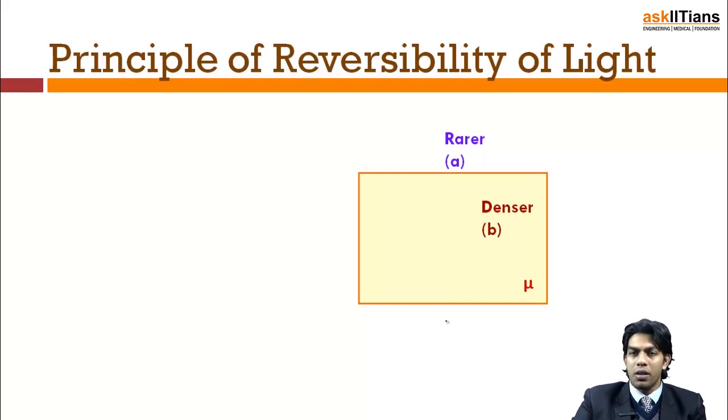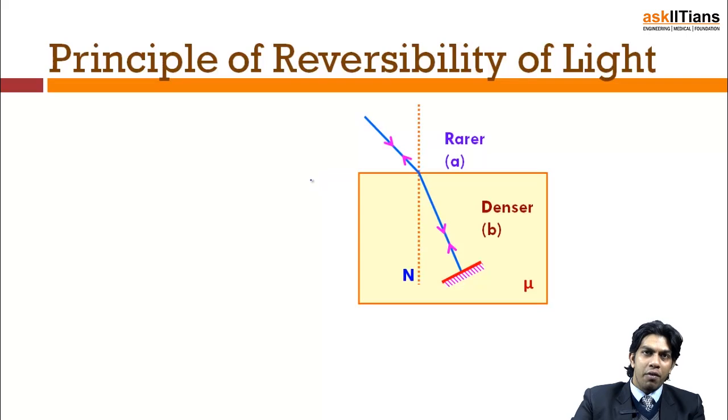In the case of the principle of reversibility of light, I undergo a similar phenomenon. That is, the light comes in, arrives at a particular point, and then retraces its path. That's what is called reversibility of light. If I want a mathematical expression, the condition written in the form of an equation which tells me what the parameters should be such that I get proper reversibility of light, then I need to come up with this.